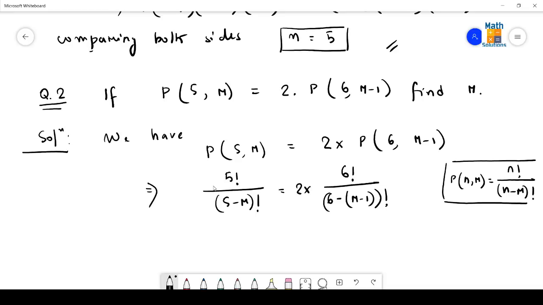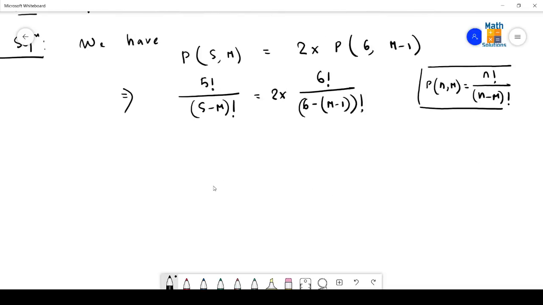So after this, what can I write? I can write here 5 factorial divided by 5 minus R factorial is equal to 2 into 6, which can be written as 6 into 5 factorial, so that on both sides 5 factorial gets cancelled.